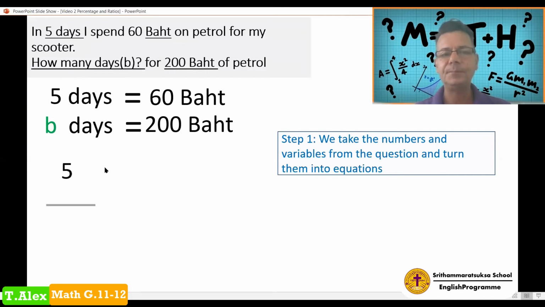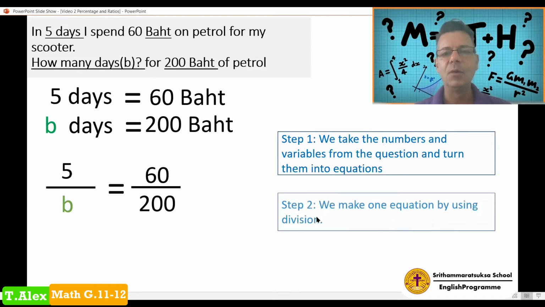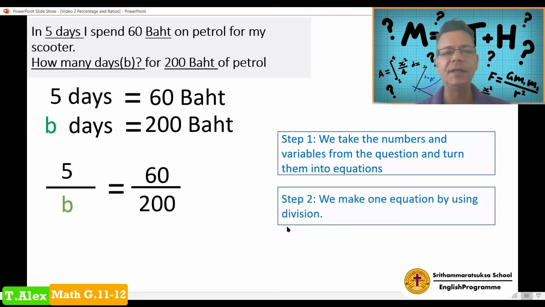Step 2, we divide 5 divided by B equals 60 divided by 200. We make one equation by using division. These are the most important steps. You take your variables from the question, you make an equation, and then you can divide, and now we can find B. We move the 200 to the other side.